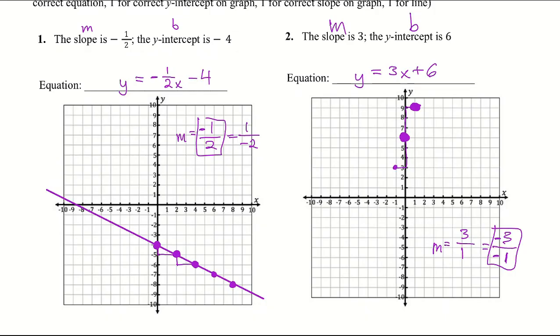It should give me the same change as the other ones did. One more time, 1, 2, 3, left 1. That should give us a line. It's not perfect, but it'll work. That's the first two.